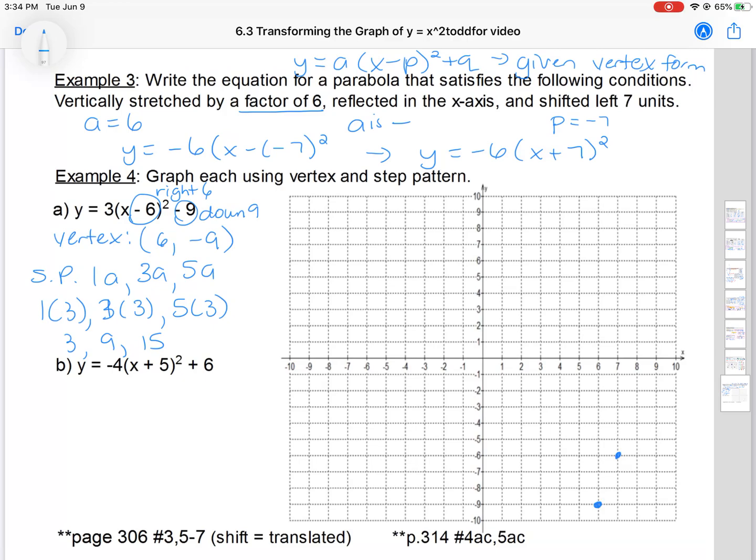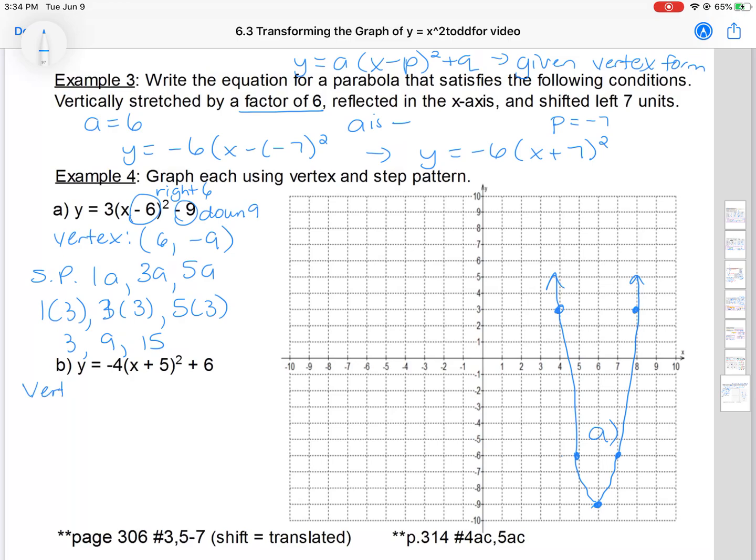Over 1, up 9. 1, 2, 3, 4, 5, 6, 7, 8, 9. And I don't think we're going to be able to go farther. Left, 1, 2, 3. 1, 2, 3, 4, 5. And then once you draw your parabola in, just put arrows at the end. So this is A, and do a better job of a parabola than me.